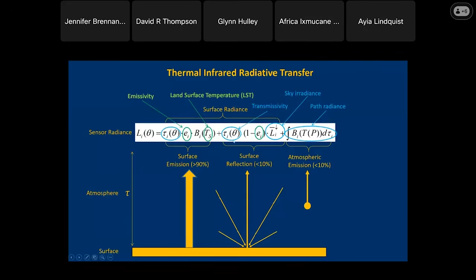These are the transmissivity, the sky radiance, and the path radiance. And these can be determined quite easily from radiative transfer models such as MODTRAN, RTTOV, CRTM. There's a bunch of them out there. And combined with atmospheric profiles that include air temperature, humidity, geopotential height, and so forth. And then once those are removed, we can estimate the surface radiance and then expose those emissivity and land surface temperature signals that we're directly getting from the surface of the Earth.